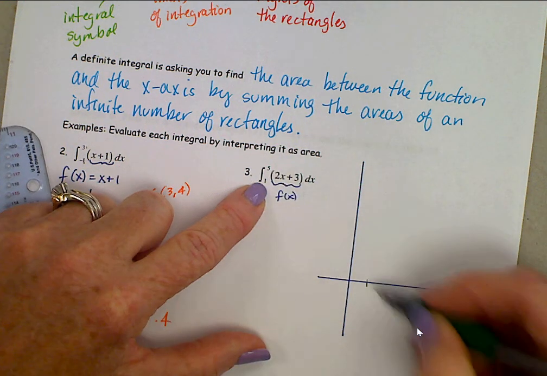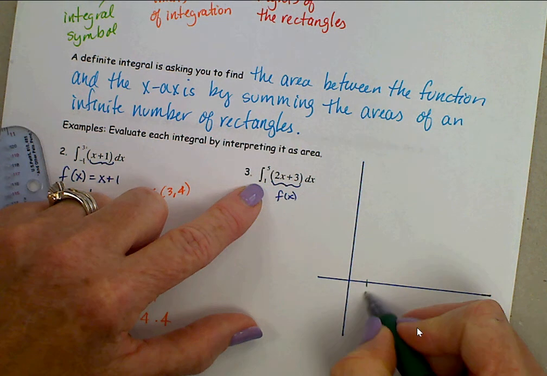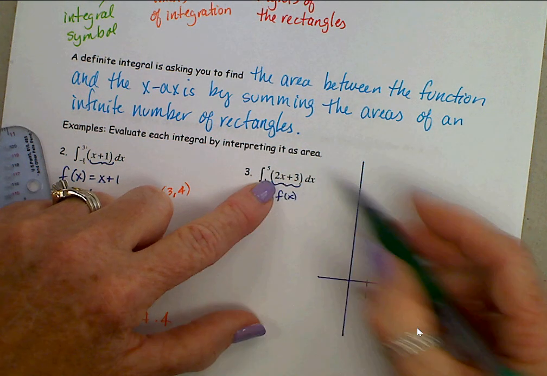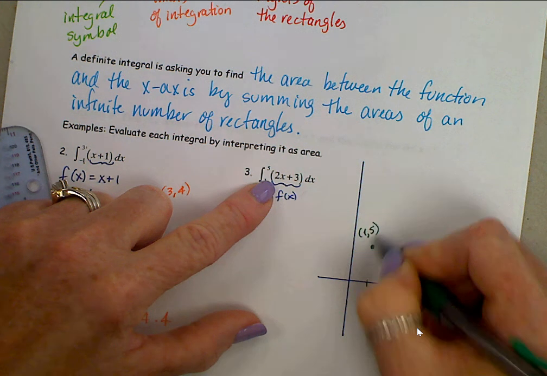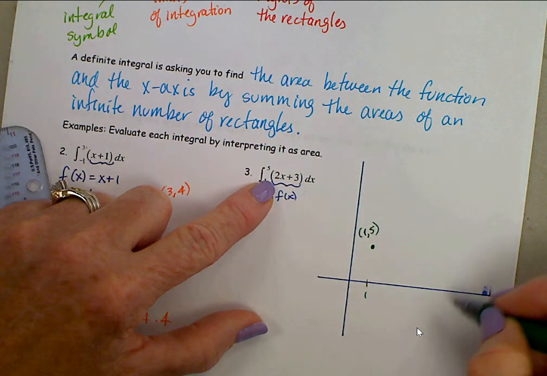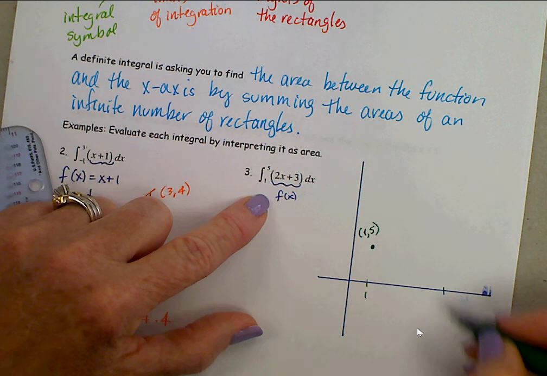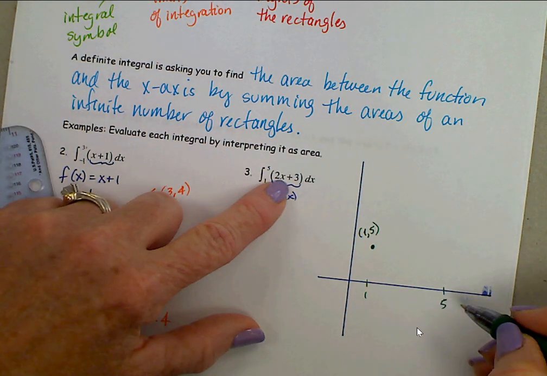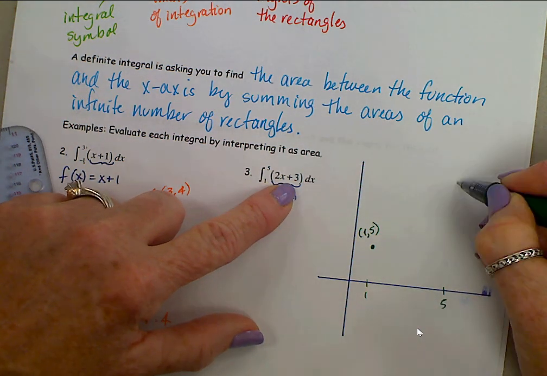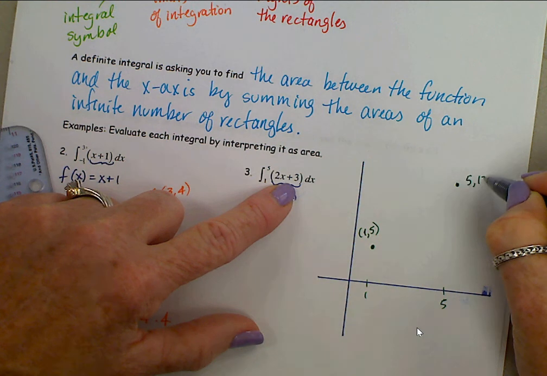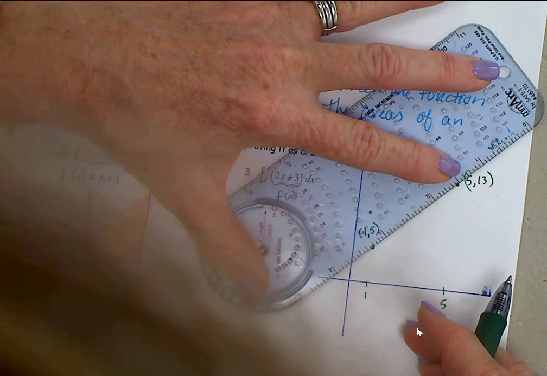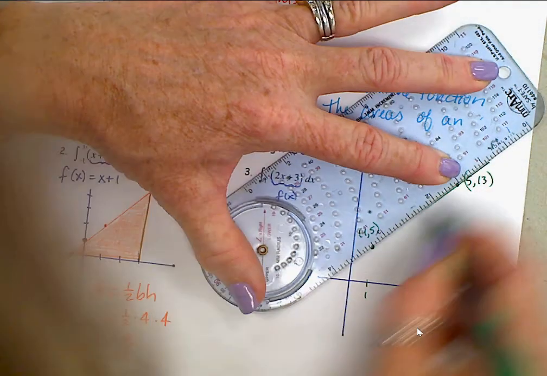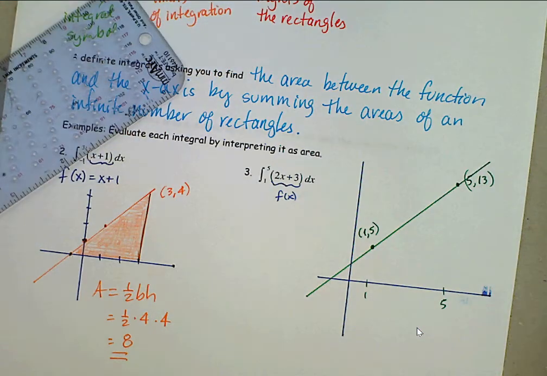So I'm just going to think about this. If we plug in x is 1 into here, we get 5. So there's a point, (1, 5). And when we go all the way down here and plug in 5, 5 into here gives us 13. And we know that this is a line, so I can draw that line in.